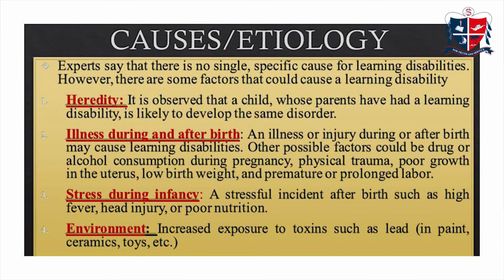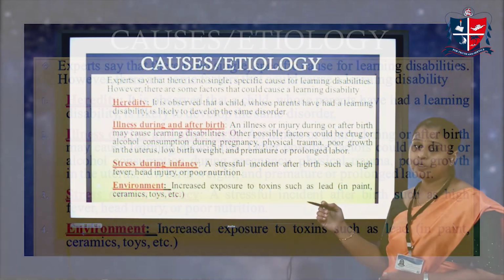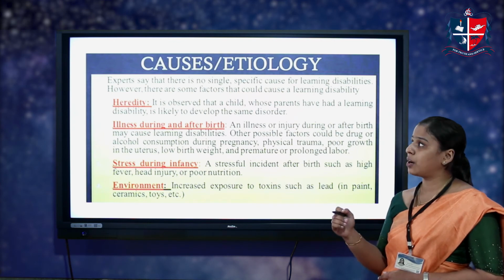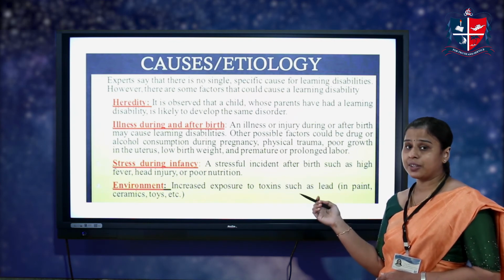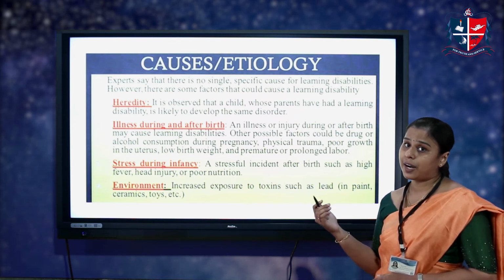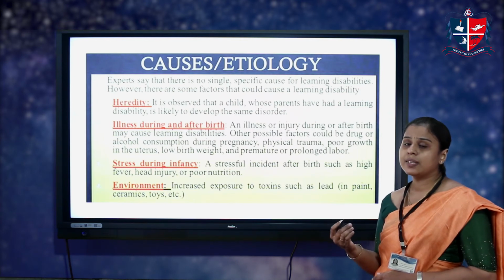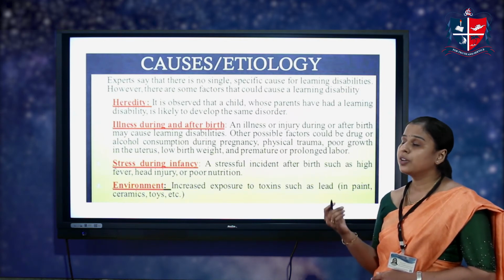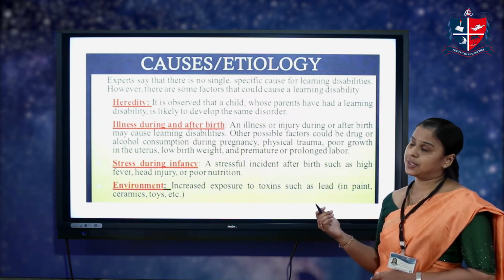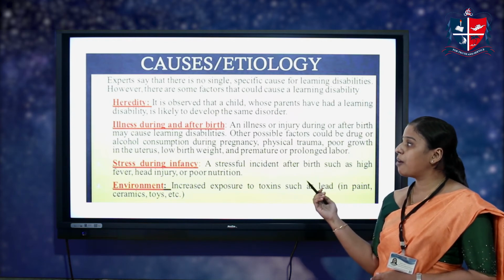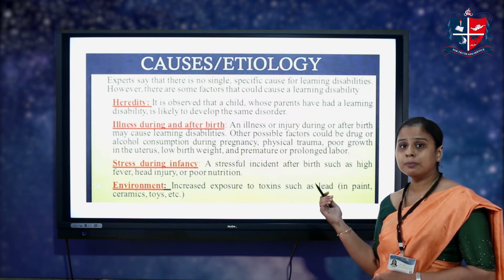Now, what are the causes or etiology of this specific learning disorder? Hereditary or genetic factors may be a cause. If the child's parents have problems related to learning disability, there is a chance for the child to get this disorder. Next is illness during and after birth.